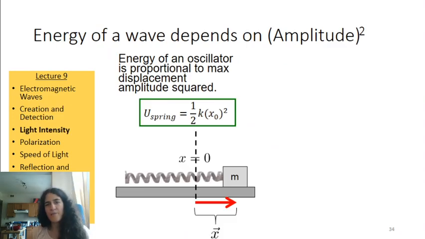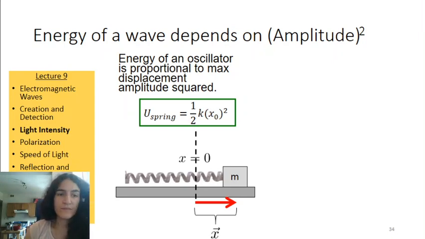Okay, so the next topic I want to talk about is energy, right? Before we talk about the energy of a wave, let's talk about the energy of an oscillator. The most useful model of an oscillator that we have is the mass on a spring.